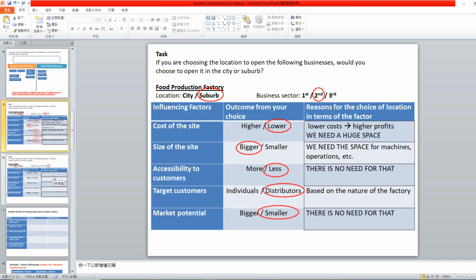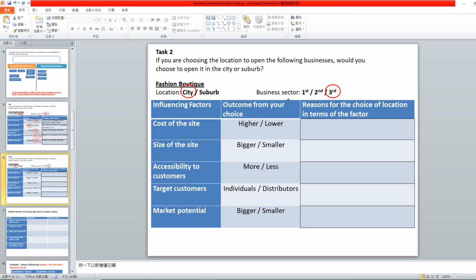So now let's go very quickly to the next one. Can you tell me, the first row, what will happen to the first row? Yes, it will be higher. You need to find a place with a higher cost.